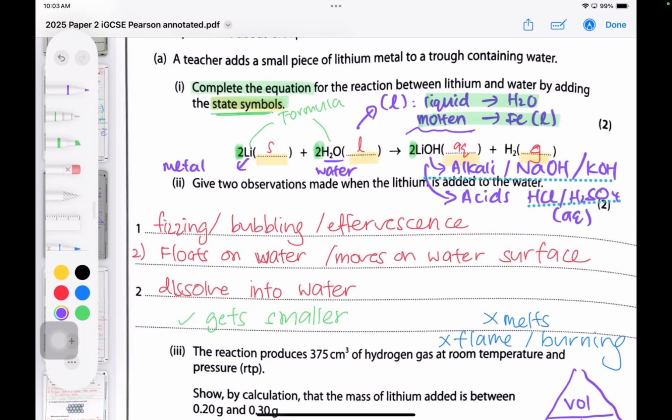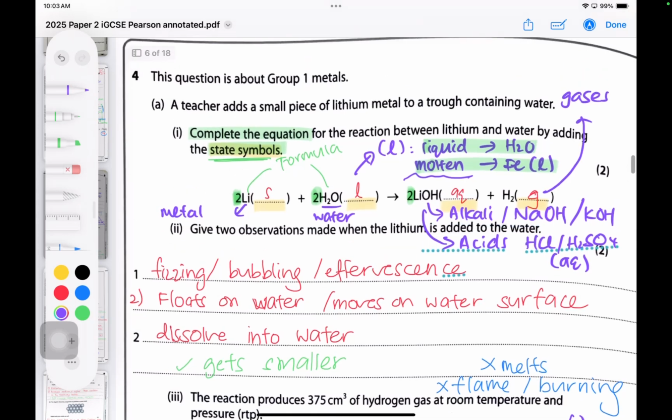H2 is a G, because G represents gases, so you do need to know what the common gases in chemistry are. We have CO2, H2, N2, basically nitrogen, hydrogen, carbon dioxide, methane gas, ammonia gas. I'm going to write down its name because a lot of students tend to confuse ammonia with ammonium.